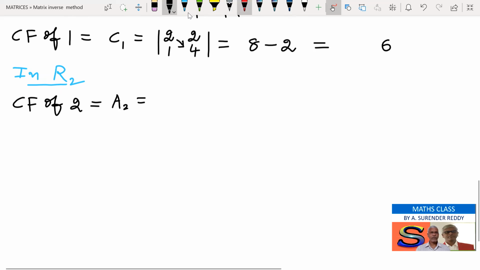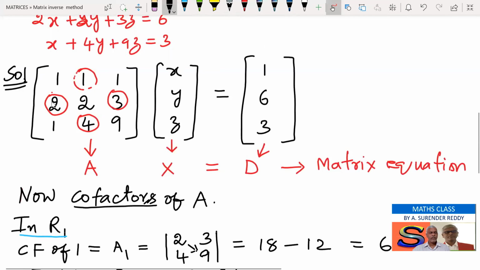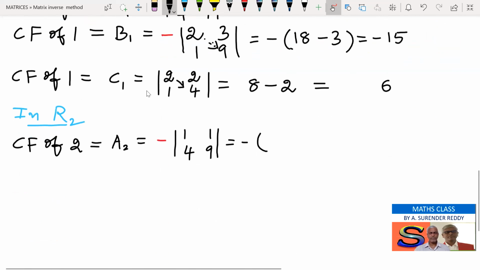For this, we need to multiply with minus. Excluding the second row and first column, the remaining 4 are 1, 1, 4, 9. Look at this, 2 is in the second row, so the second row is left out completely, and it is in the first column, so the first column is eliminated. The elements 1, 1, 4, 9 remain, and we take them. The determinant is 1 into 9, 9, 4 into 1, 4.